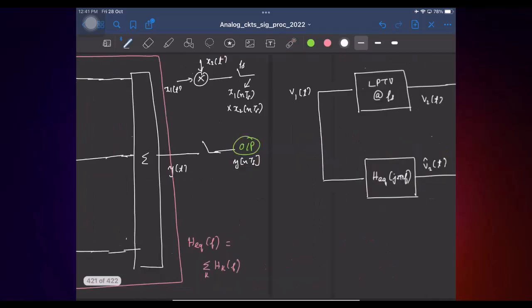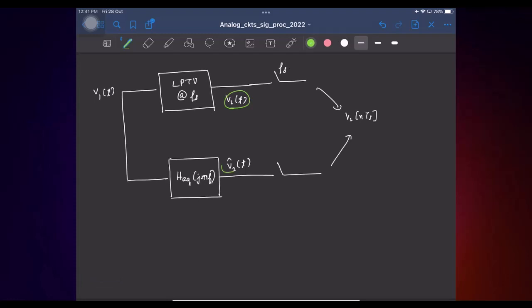So these two need not be equal. But as long as you sample both the signals at the same time instance, the samples will be equal. This was similar to what we saw with the impulse response case, for inter-reciprocity. The shape of the impulse response we can't say, but if you sample the impulse response, the values will be equal.